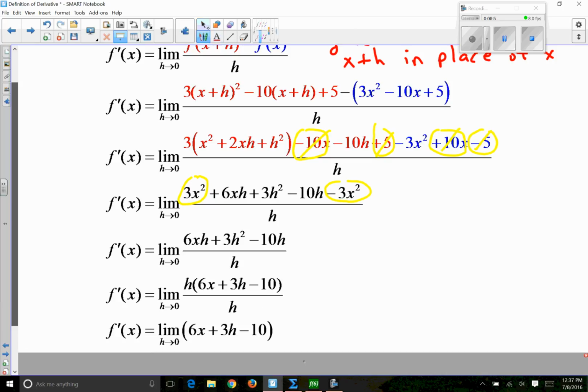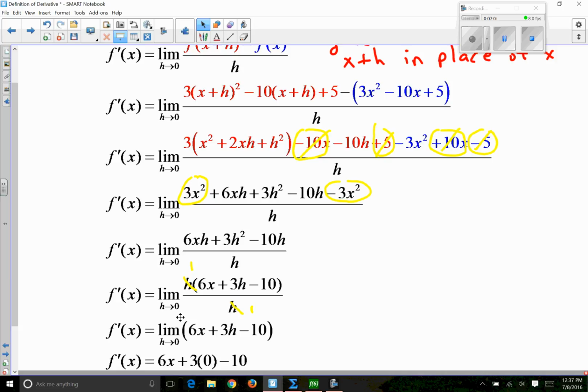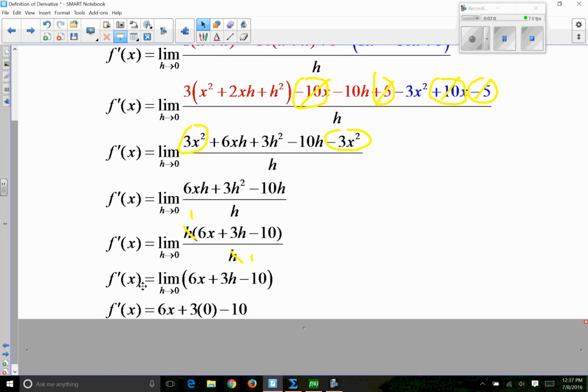So h divided by h is 1. F prime of x equals the limit of 6x plus 3h minus 10 as h approaches 0. And we evaluate this limit by replacing h right there with 0.